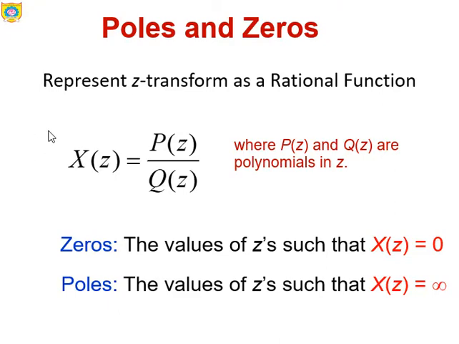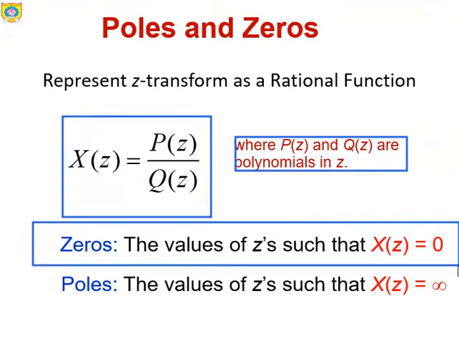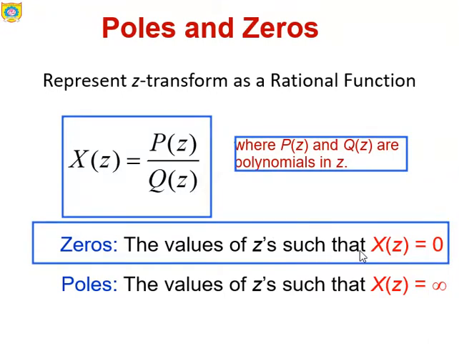So let's see. If someone represents X of z, the z transform, as a rational function, X of z will be nothing but P of z by Q of z, where P of z and Q of z are polynomials in z. Zeros are the values of z such that X of z is equal to 0.